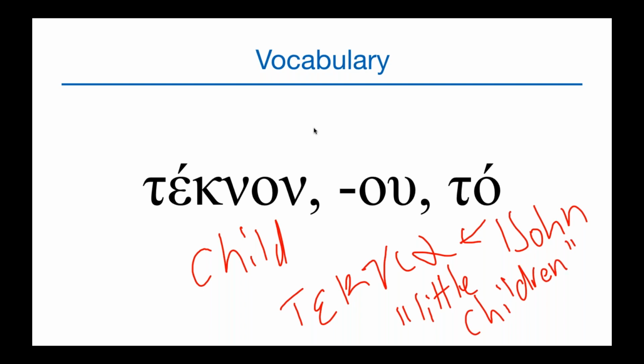In 1 John, there are a few places where he refers to the people he's writing to as his little children. It's not saying babies, but it does imply almost like toddlers, people that can't take care of themselves. That's how John addresses his audience in his letter.